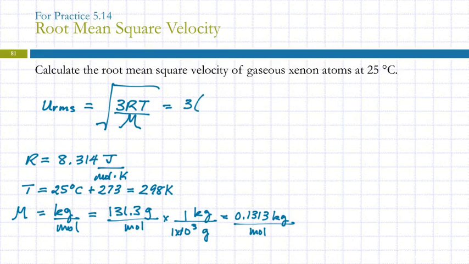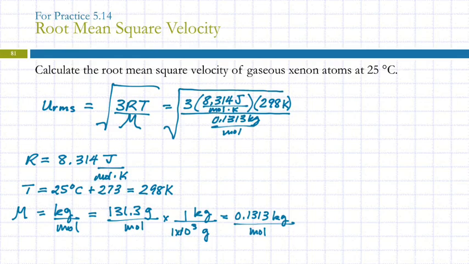So we've got 3 times 8.314 joules per mole Kelvin, and the temperature, 298 Kelvin, and I'm dividing by 0.1313 kilograms per mole, and the square root of the whole mess.